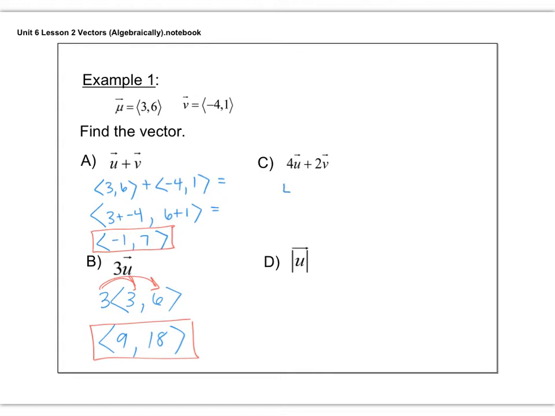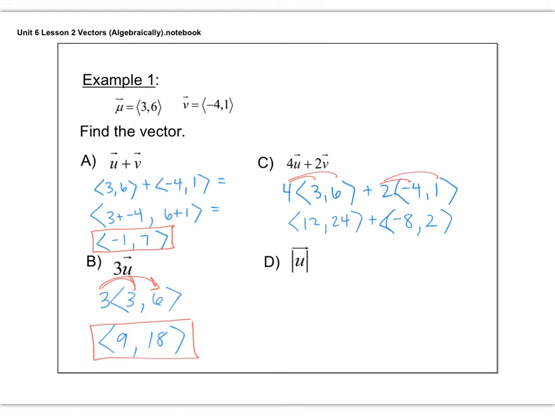Let's try part C. So we take 4 and then we plug in vector u, which is 3, 6, plus 2, and we plug in vector v, which is -4, 1. Distribute both of these scalars. When you do so, you get 12, 24, plus -8, 2.